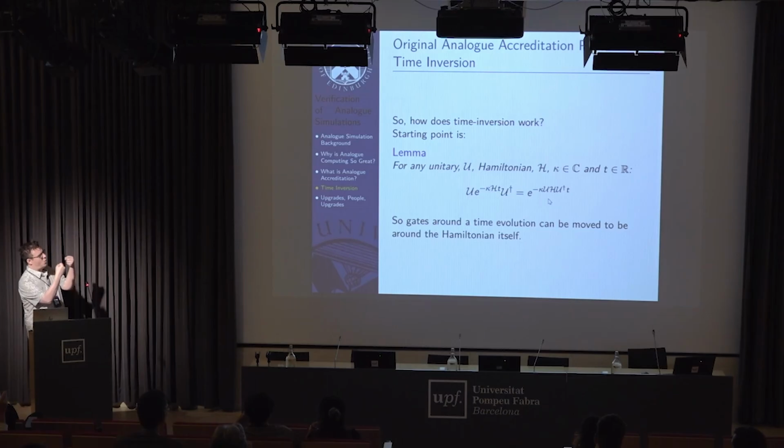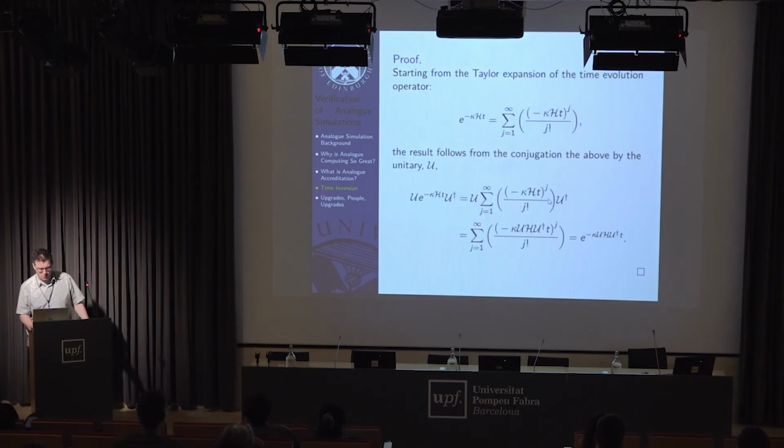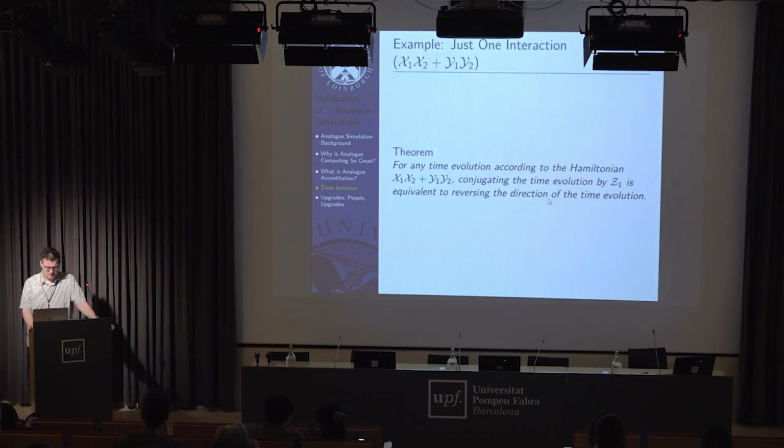So what gates can I put around the Hamiltonian so I get a factor of -1 in front of the Hamiltonian instead? Again, this is fairly standard stuff, but just so people see how this works, you just take the Taylor expansion, you can move them inside the summation, and then you can basically undo your Taylor series, and that gives you exactly what you need.